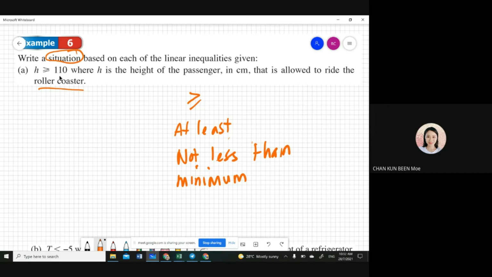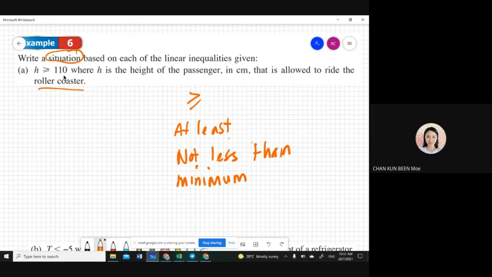Or you can say the height of the passenger that is allowed to ride the roller coaster is not less than 110 centimeter. Or the height of the passenger that is allowed to ride the roller coaster is minimum. Use the minimum lah. Better, the minimum in front. The minimum height of the passenger that is allowed to ride the roller coaster is 110 centimeter.